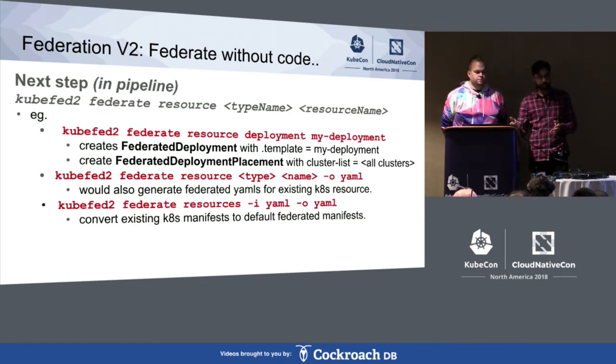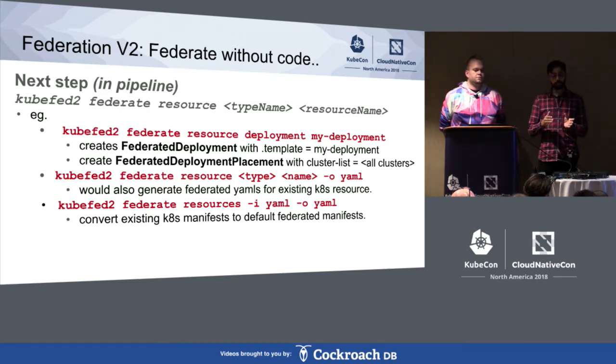So we are basically working on that tooling right now. We are going to name it Federate Resource. So the Federate Resource, for example deployment, can federate our existing K8s resource, which, as in this example, is my deployment, or we can extend it further, and this particular tooling can take an existing manifest as input and emit equivalent federated YAML for that same thing.